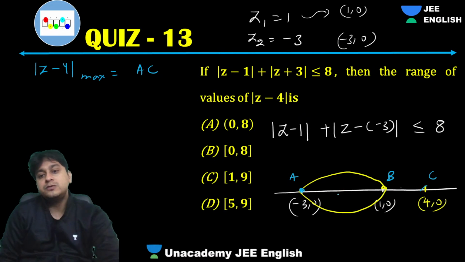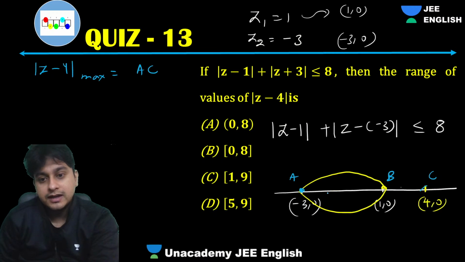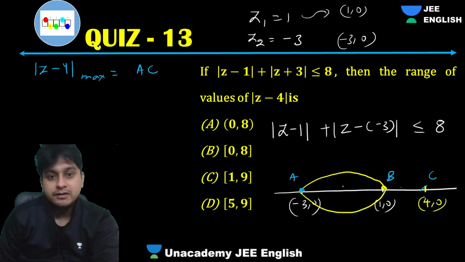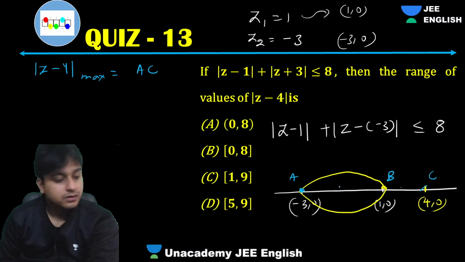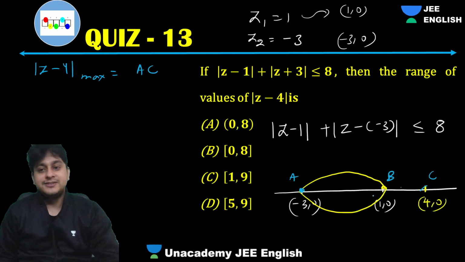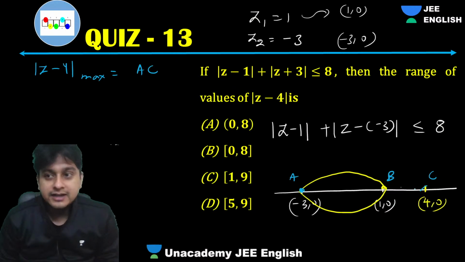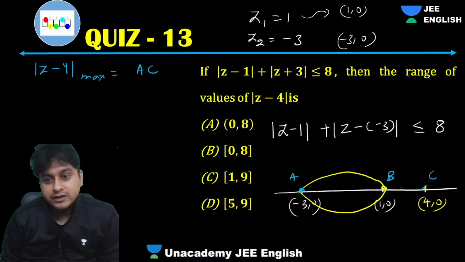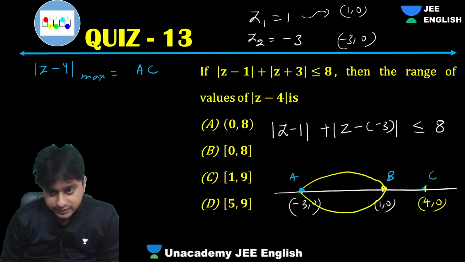So this is coming as what guys? We can see here that the distance between them is 7, right? Yes. And what about z min? Obviously you can see over here that the complex number's distance maximum will be this AC, and this minimum will be AB.